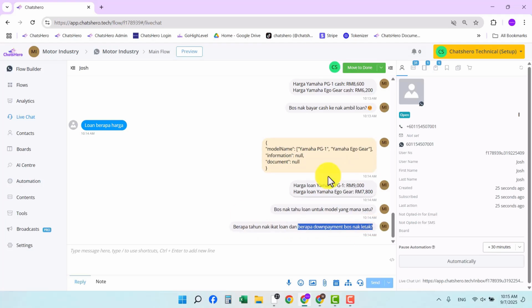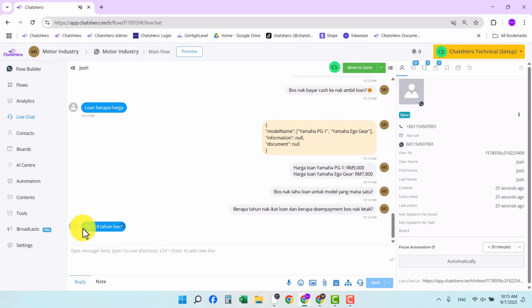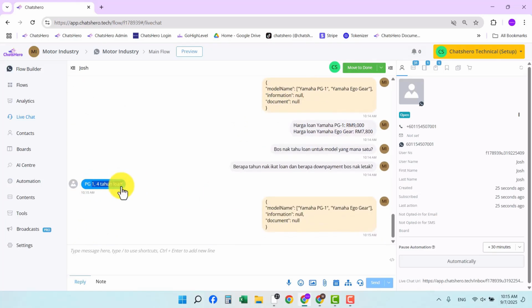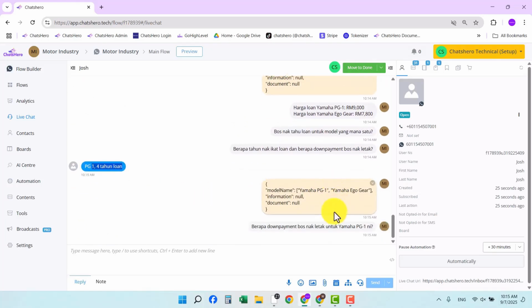Okay, so the reason why we ask the customer for this information is because we can calculate the monthly installment for them. Okay, so today, let's say I want a PG1 and a loan. So look, when we say I want this PG1 motorcycle and it's a 4-year loan, okay, so then it will ask how much do you want for the down payment.